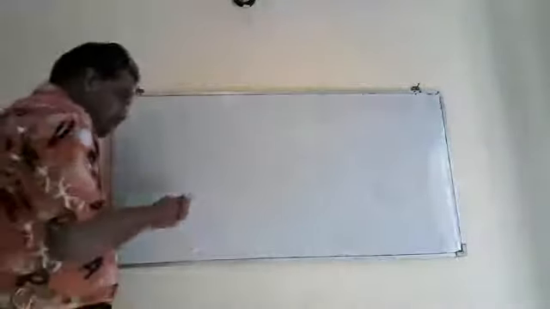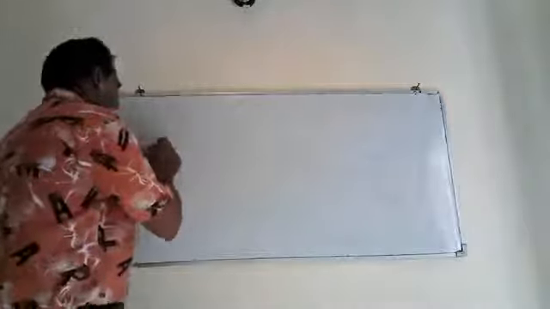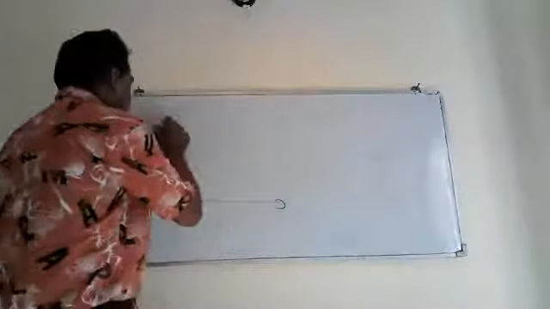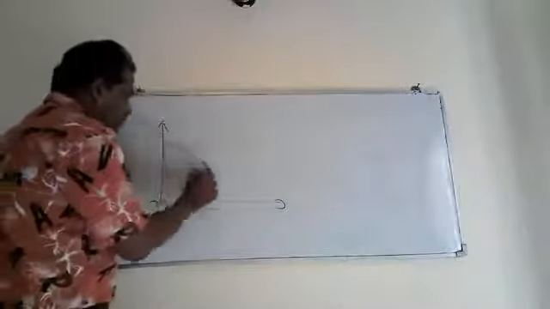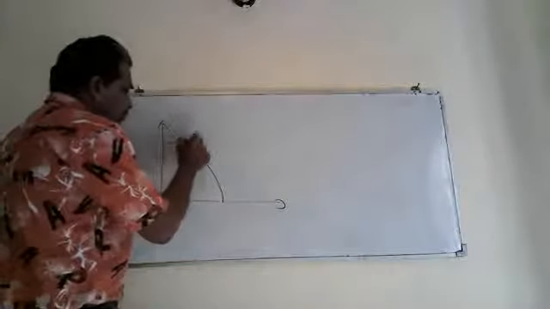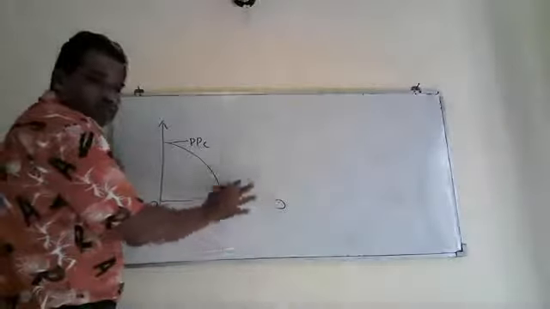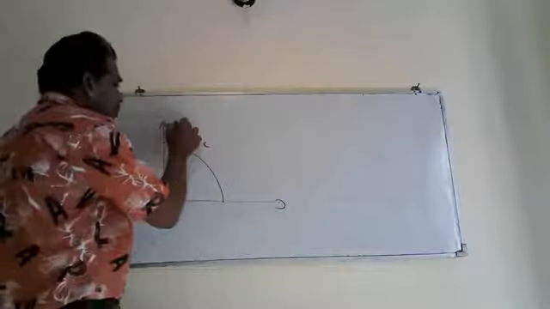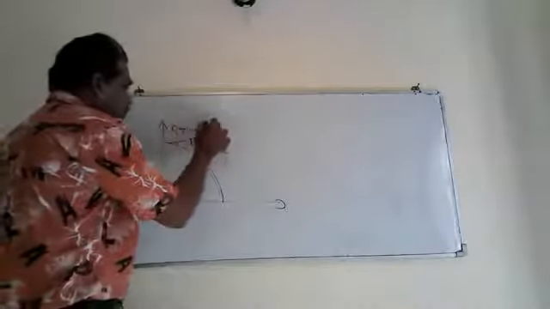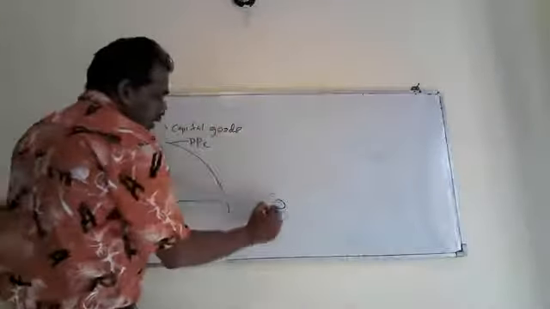Right. Then you have to draw the diagram like this and draw the PPC curve and name it PPC. Then you can use any two type of goods here, to take capital goods, here consumer goods.